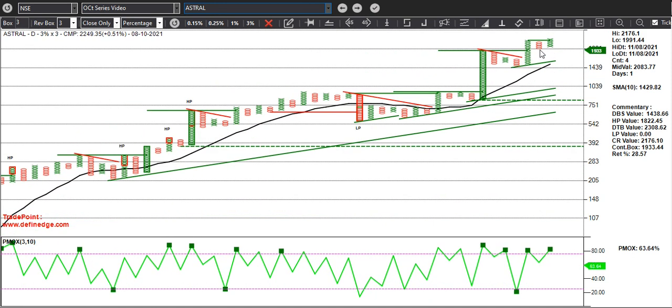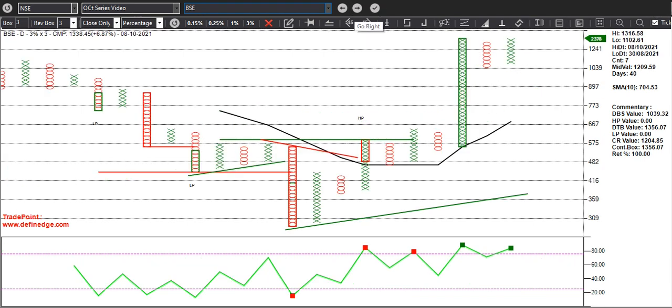The double top buy was at 2308, so the price has reversed from that level, so we can wait for the price to cross 2309 again, and then we can enter with a stop loss of 1933. Okay, so that is Astral.